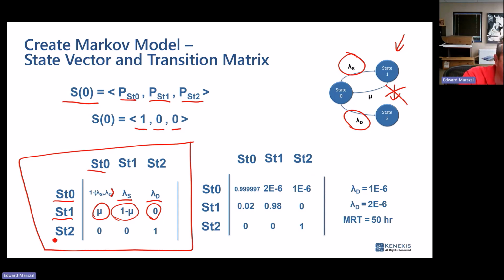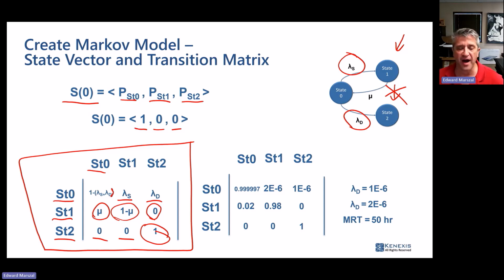For state 2, the probability of transitioning from state 2 to state 0 is 0. Can't do it. The probability of transitioning from state 2 to state 1 is 0. Can't do it. So that means the probability that once I'm in state 2 I stay in state 2 is 1.0. So there's my transition matrix.